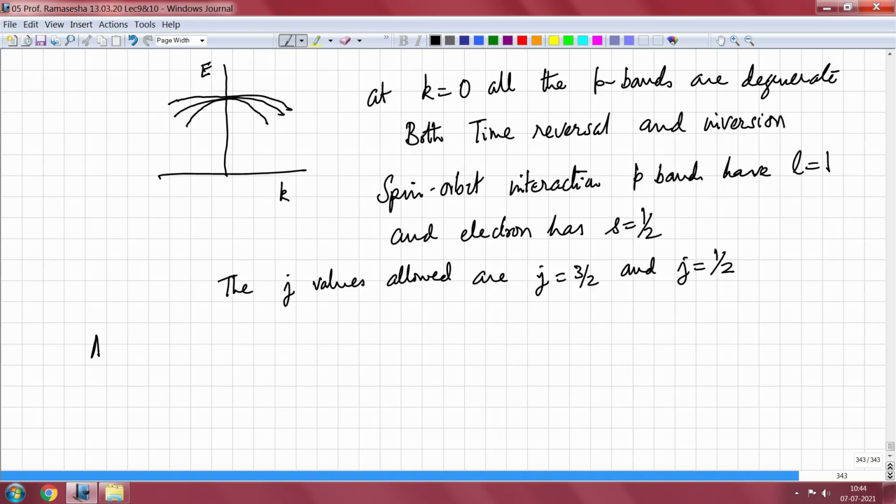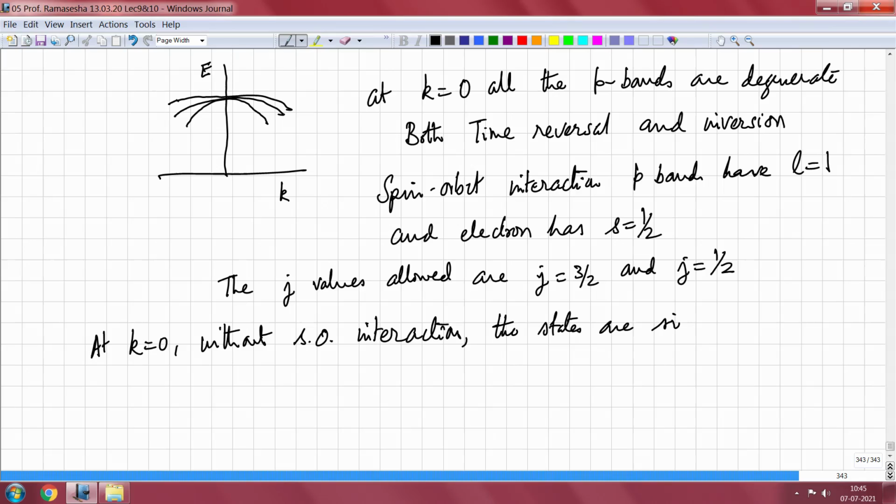So at k equal to 0, without spin orbit interaction, the states are 6-fold degenerate: Px, Py, Pz and spin Ms equal to plus minus half are all degenerate.